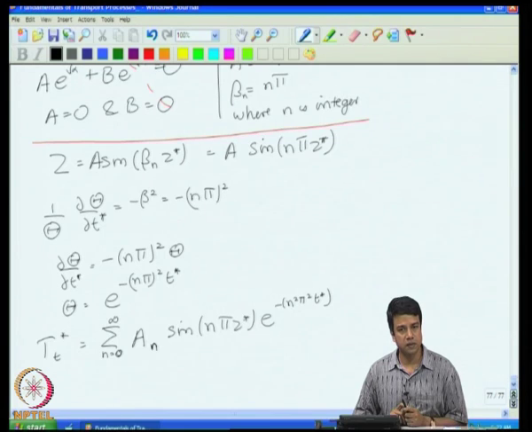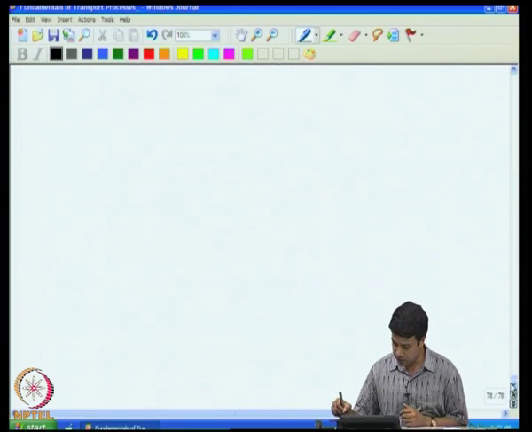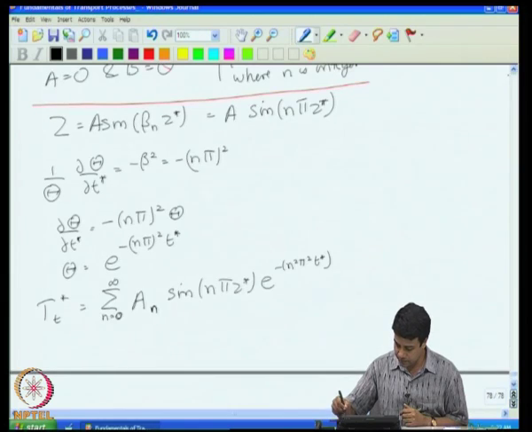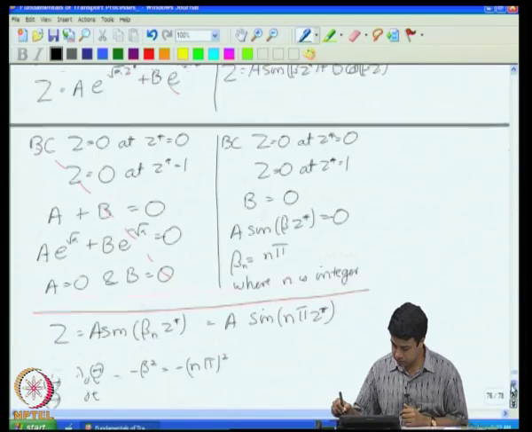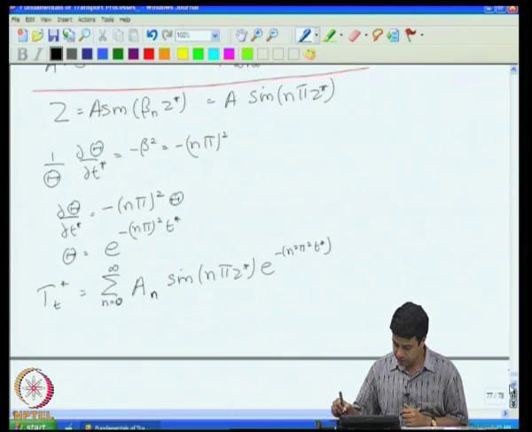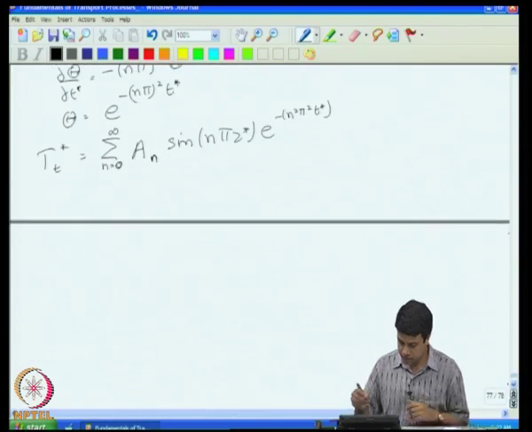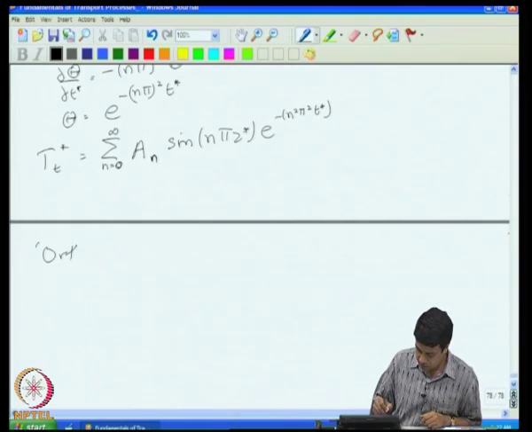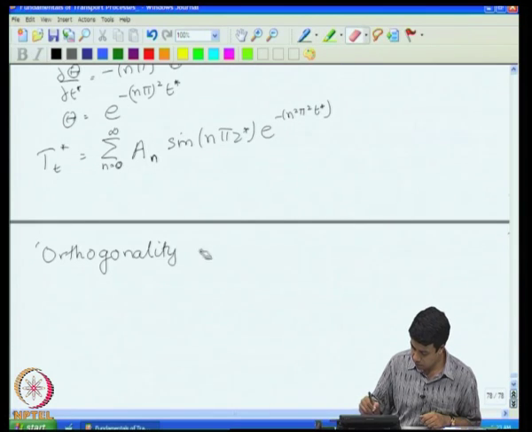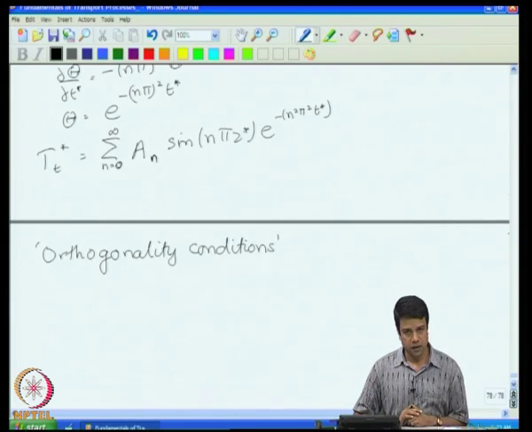These coefficients can be determined using something called orthogonality conditions. And these conditions are defined on the domain between 0 and 1.